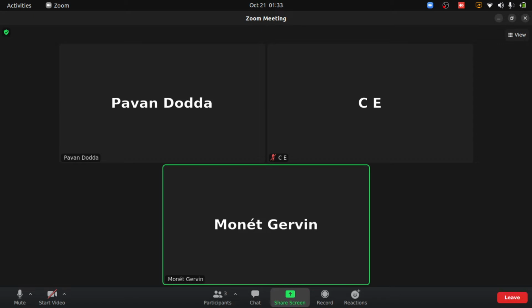There is an option called share screen at the bottom of the meeting, near chat, and then share screen, record, reactions. Yeah, did you find it? Cool.